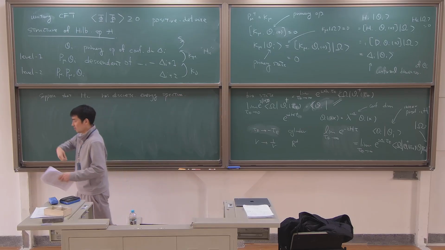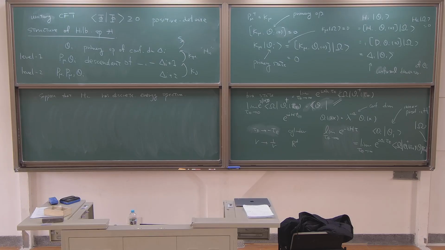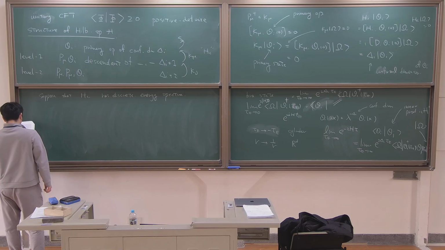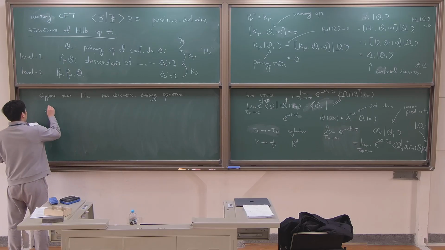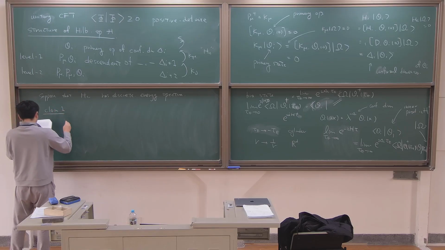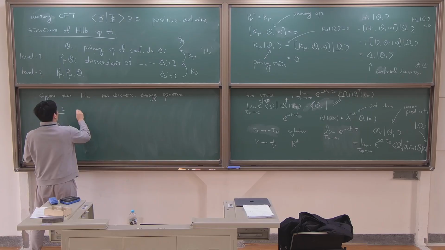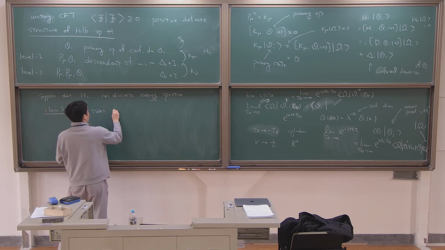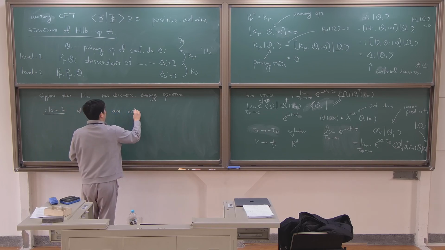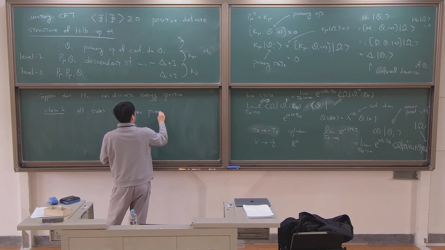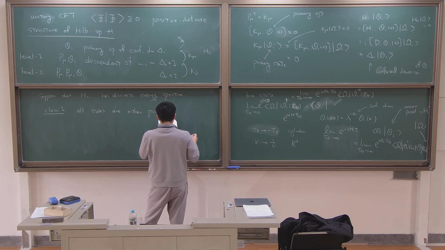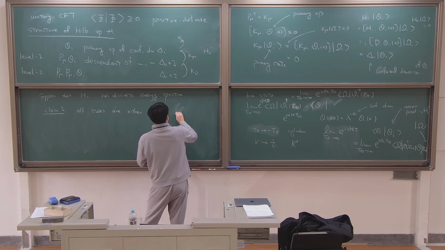Discrete means that it's not continuous. Then the claim one is that any state, all states, are either primary or descendant.